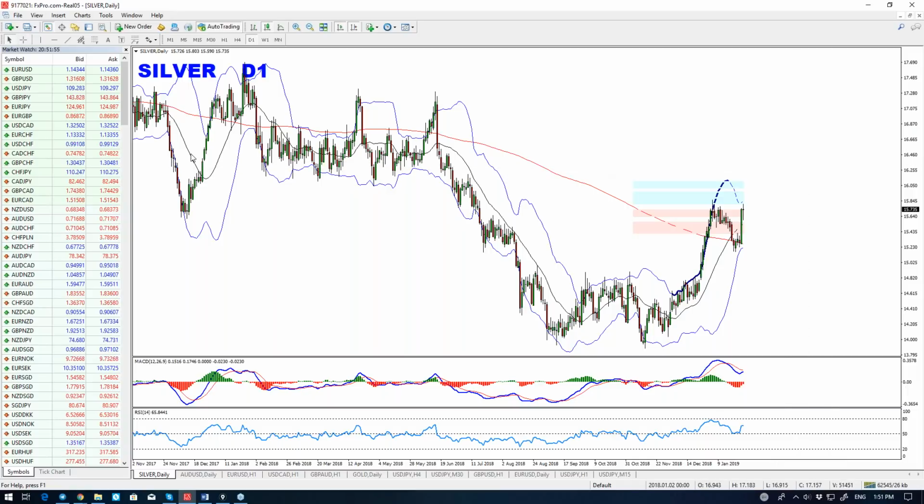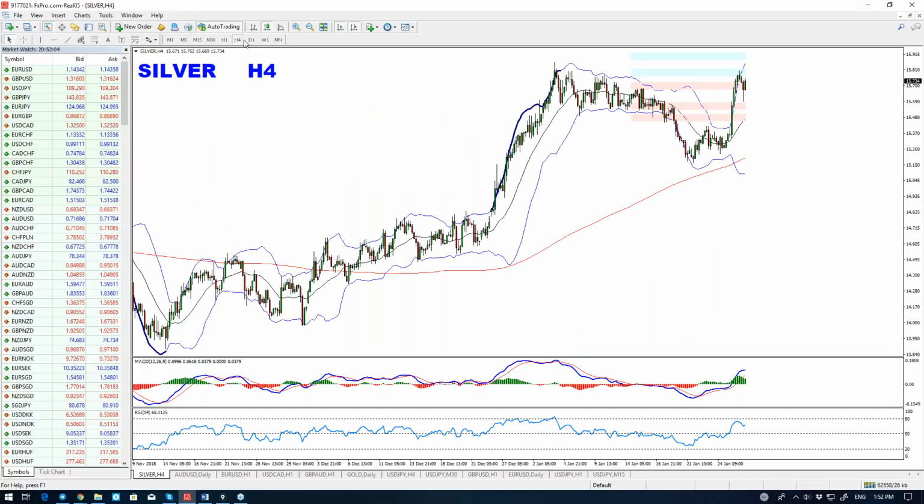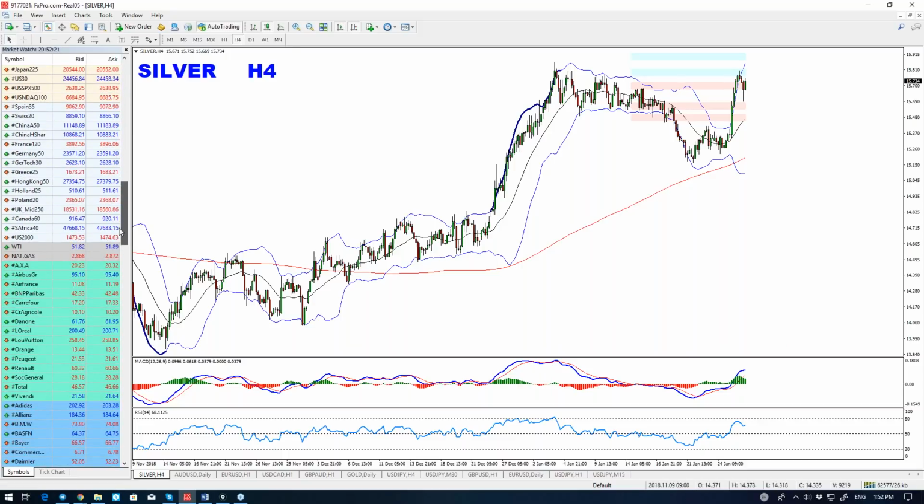So we will be looking for new opportunities here. Meanwhile, silver remains bullish as well. Nothing against, not on daily, not on 4-hour, bullish. We expect the continuation here or here. So looking for buy setups. For all those, of course, who are in, there's nothing new to watch. Just continue with your trade.